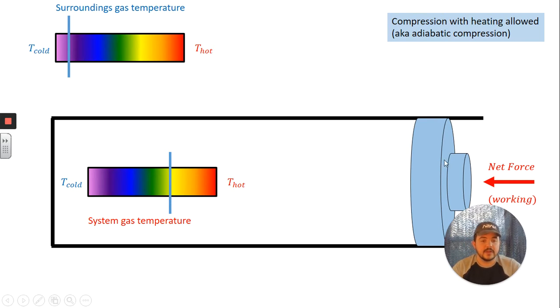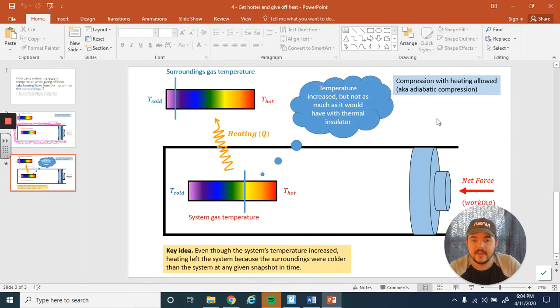Same scenario, we're going to compress the piston and the gas inside of our system is at a yellowish temperature, whereas the gas outside of our system is at a purplish temperature. And so let's think about the two different things that are happening. As this compresses, the temperature for the gas should increase. However, with the removal of that thermal insulator, hold up, I've got a mislabel here.